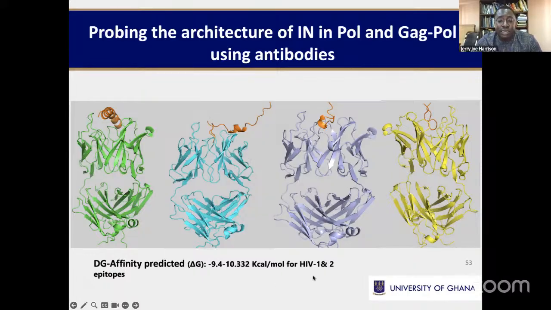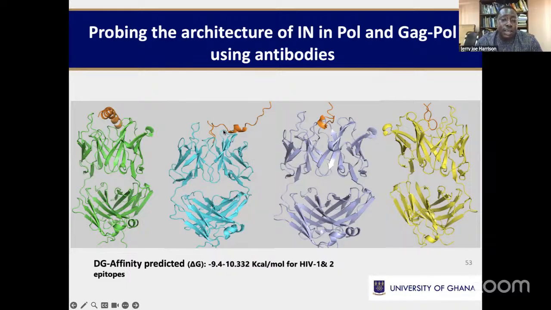Using, again, computational methods, you could see very good binding affinity between the epitopes that we designed and the FABs. For the record, a known HIV1 FAB, using the same system, binds with about minus 8.5 kilocalories per mole.